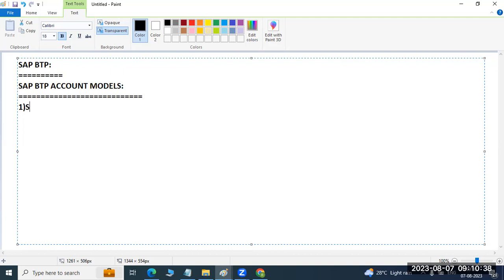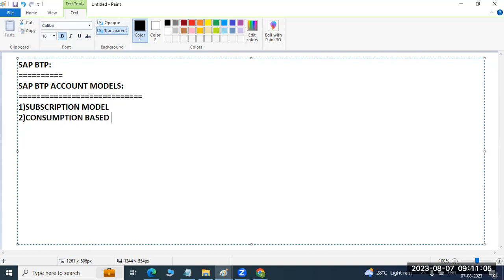One is the subscription. It's very important to understand the pricing models before we go deeply into our BTP concepts. Why? Because for every customer, first we have to do an impact analysis of the pricing model, right? The first is the subscription model, and the second is the consumption based model.